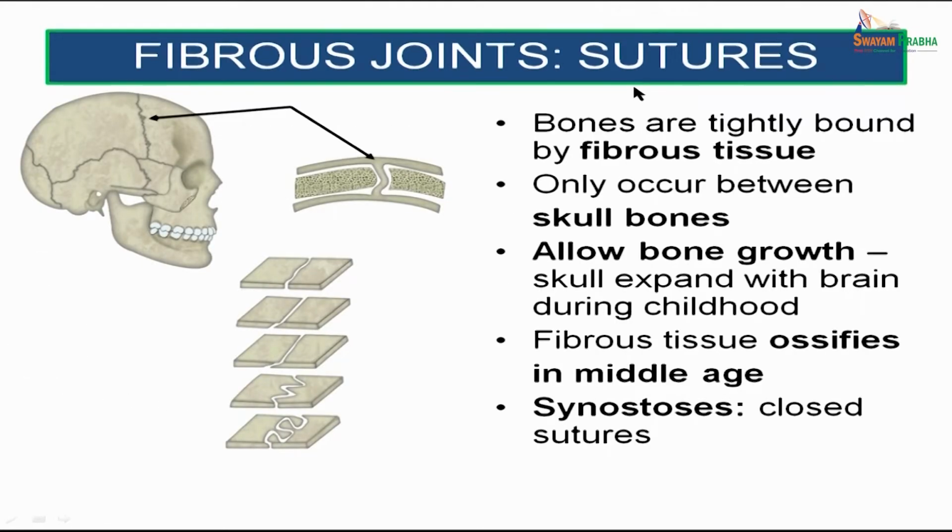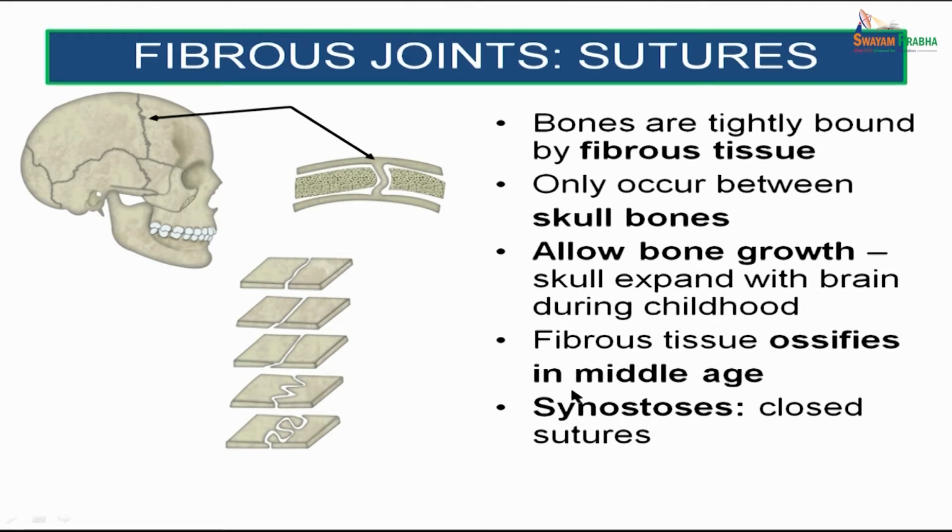So, sutures. What are sutures? Where do we get them? Sutures are fibrous joints. They are found only in the joints of the skull. So, this is the skull and whatever joints we find here are mainly sutures. They allow bone growth, that is, they are primarily for growth of bone when the skull expands during childhood along with the growth of the brain.